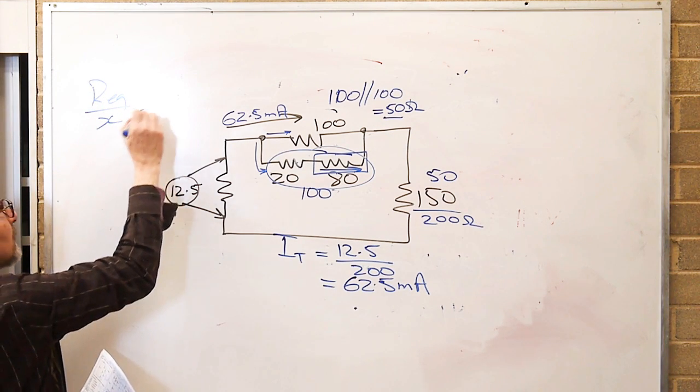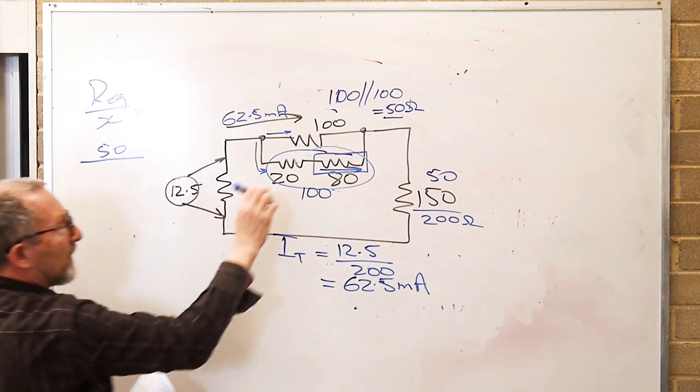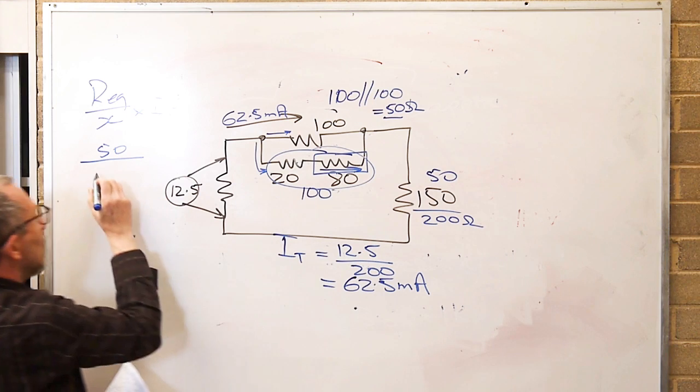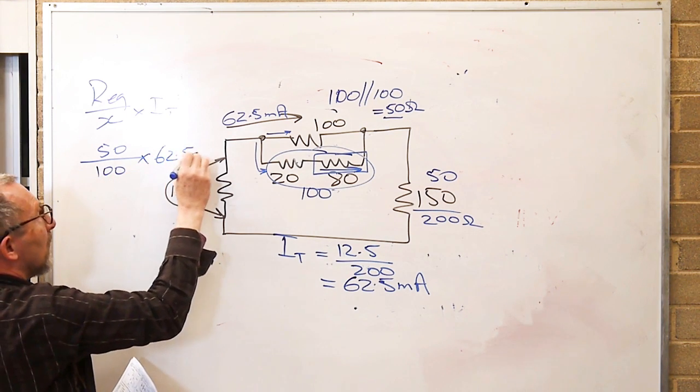REQ over X times IT. So it'll be 50 divided by 100 times 62.5.